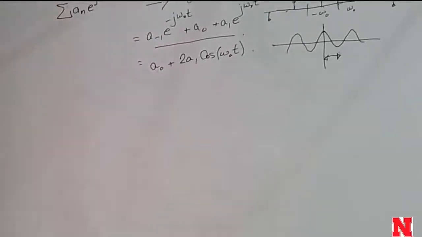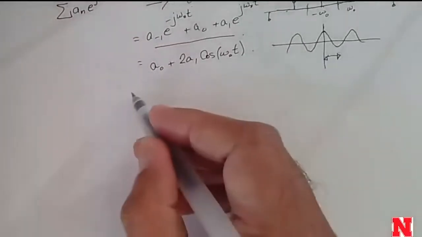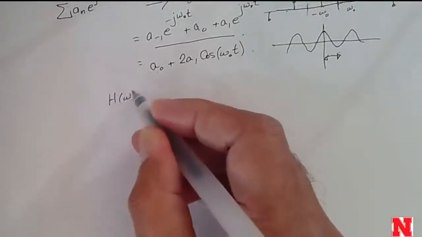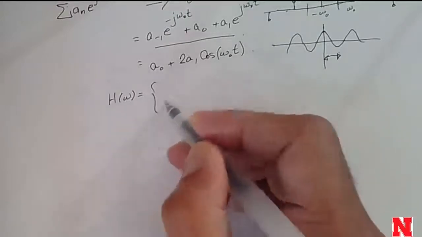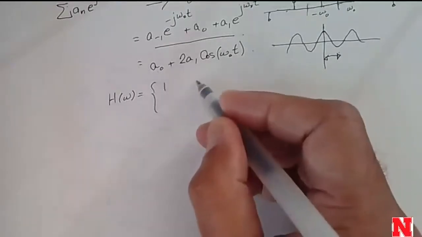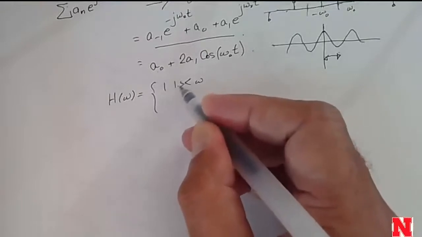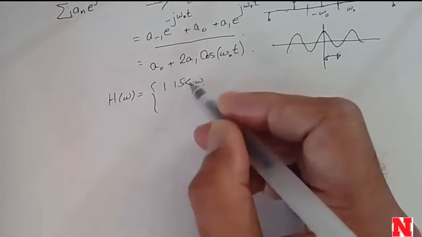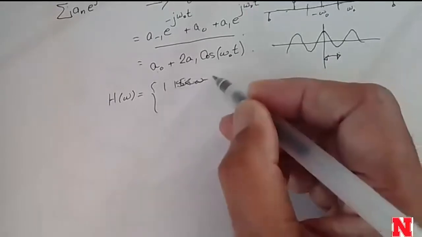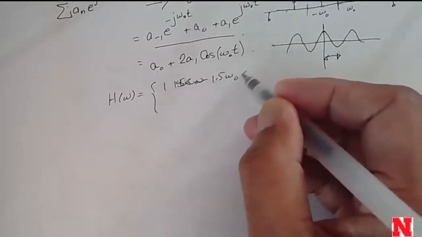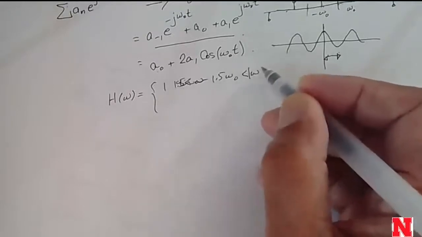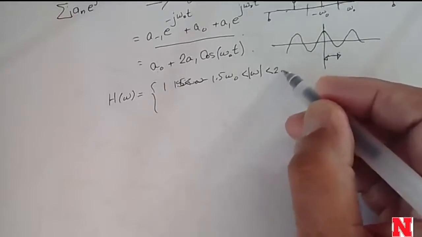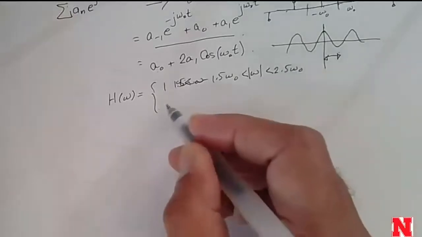What if we wanted some other coefficients? What if we wanted the second coefficient? Then what I could do is set H of omega to be equal to 1 for 1.5 omega naught less than the absolute value of omega less than 2.5 omega naught, and 0 otherwise.